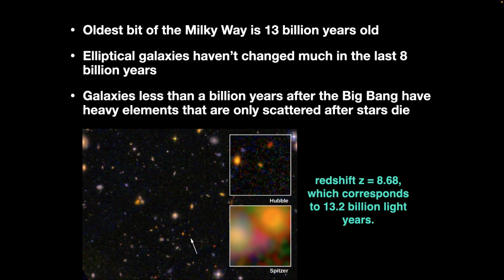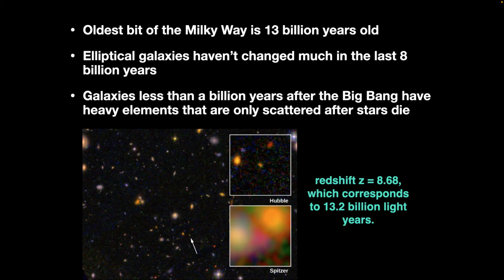What's pretty interesting is that we have seen ellipticals at about half the universe's age have some pretty old stars. Those stars must have formed billions of years earlier than our observations. Ellipticals as a galaxy population don't seem to have changed much since the universe was 6 to 8 billion years old. But we've observed galaxies even earlier than that.